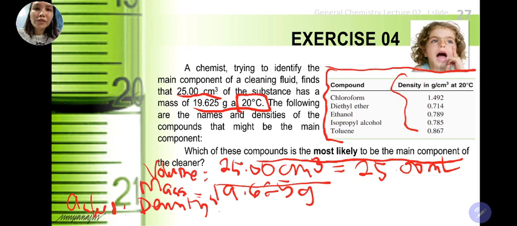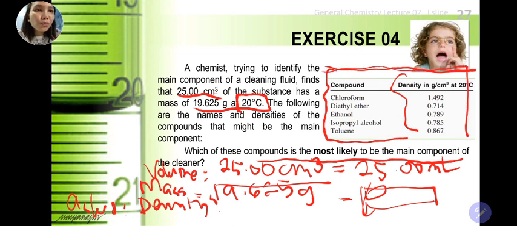Okay, so doon sa previous nating slides, makikita nyo kung paano nyo i-determine kung ano yung density ng substance natin. And from your answer, kung ano yung density niya, you will look in this table kung ano ba yung main component ng cleaner na yun. Okay? So, I will leave that to you for your classwork.